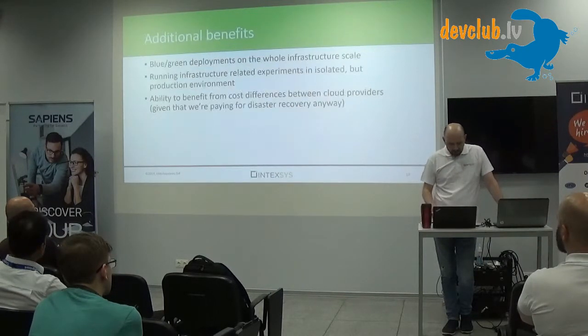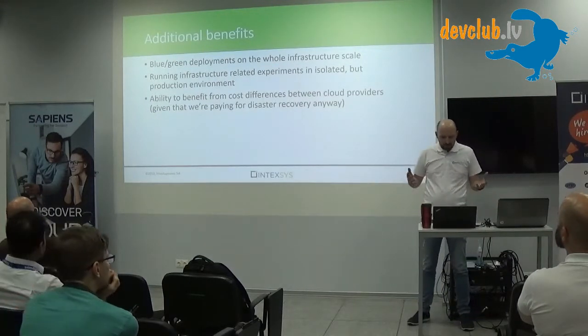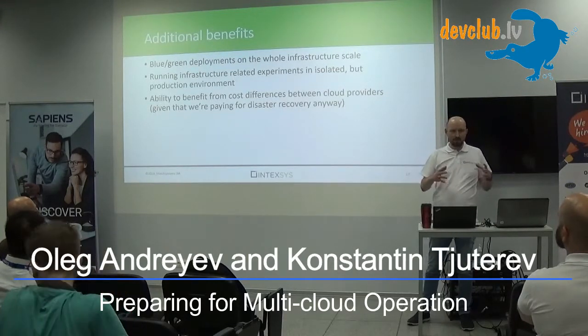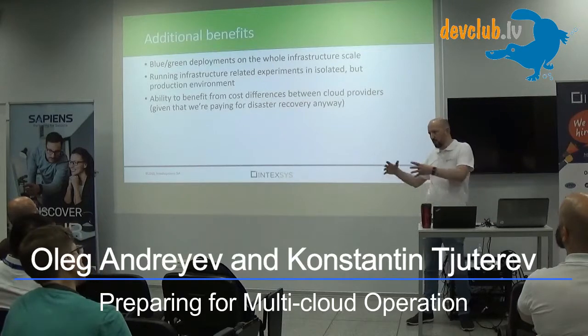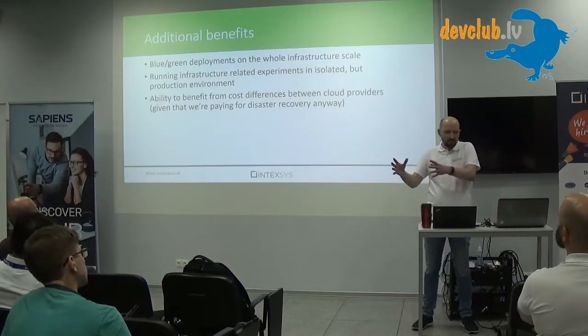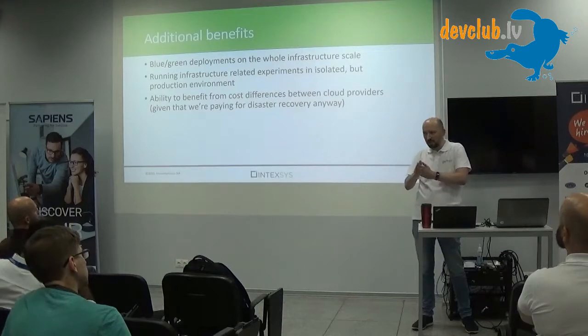And there are additional benefits with this infrastructure. So basically we have kind of blue-green deployments, but not on the application level, but on the infrastructure level. So we can test various things and run infrastructure-related experiments, doing this just in one cloud. We can remove the traffic from there, change whatever we want, then send some portion of traffic there, and see how it works.